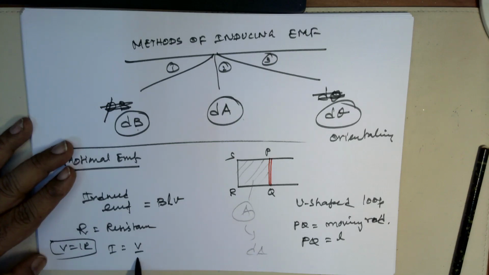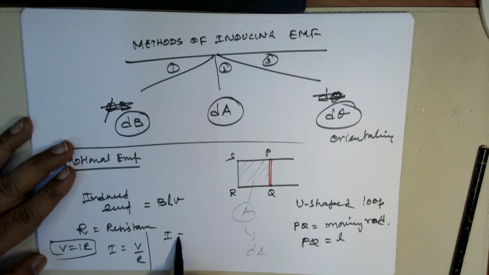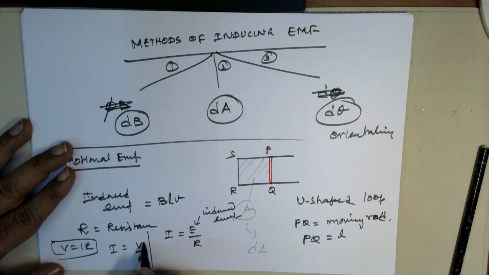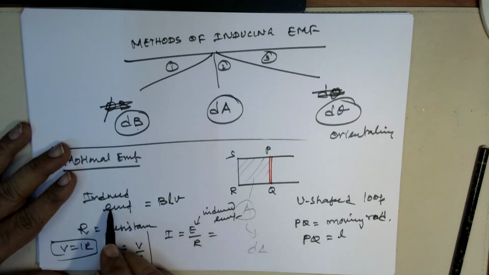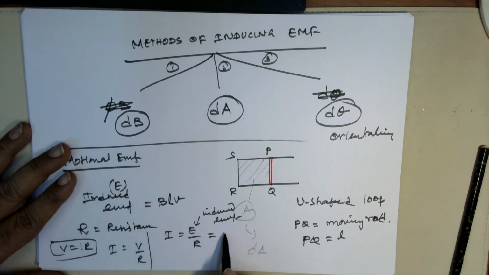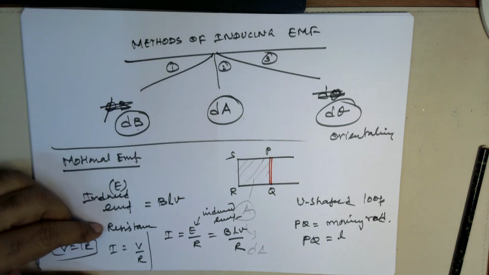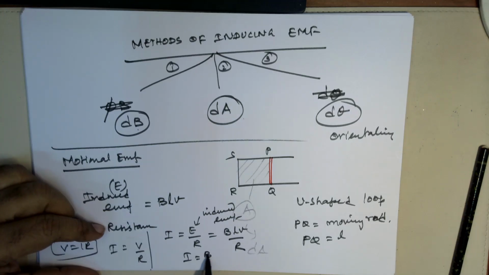That is V by R. So we can put I is equal to E by R, where E is the induced EMF, which is nothing but the voltage. Here the voltage is the induced electromotive force, and this is given by E equal to BLV. So you can put BLV divided by R. Therefore, I is equal to BLV divided by R.